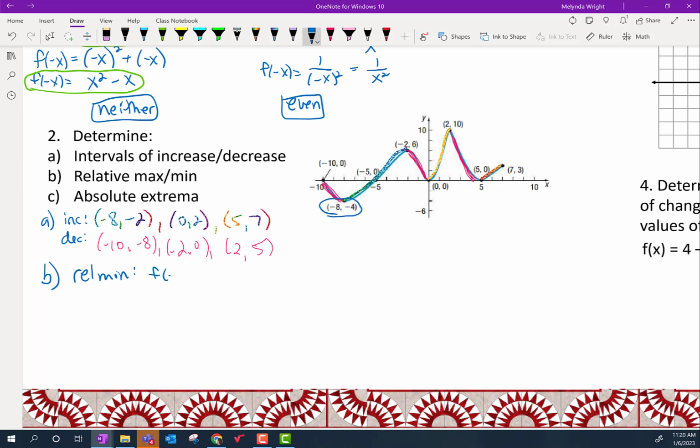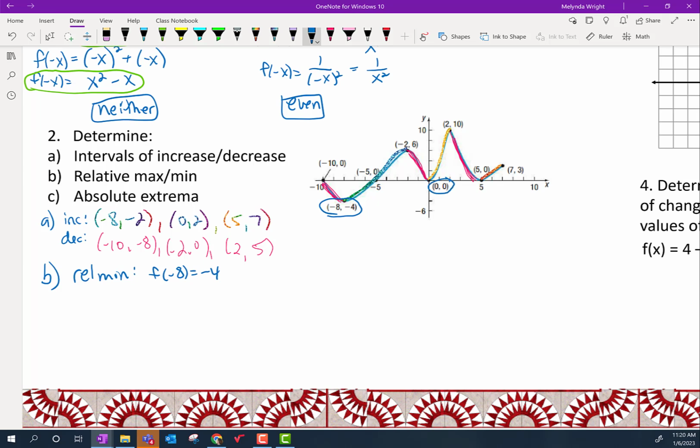So f of -8 equals -4, because if I remember right, that's what your homework does. Your homework makes you write the whole point, so let's just go ahead and practice that. The actual relative minimum value is -4, but your textbook wants you to write the whole point, so let's write the whole point. We have another relative minimum here.